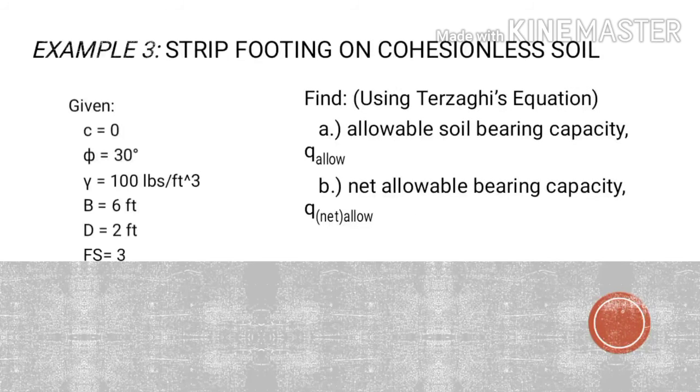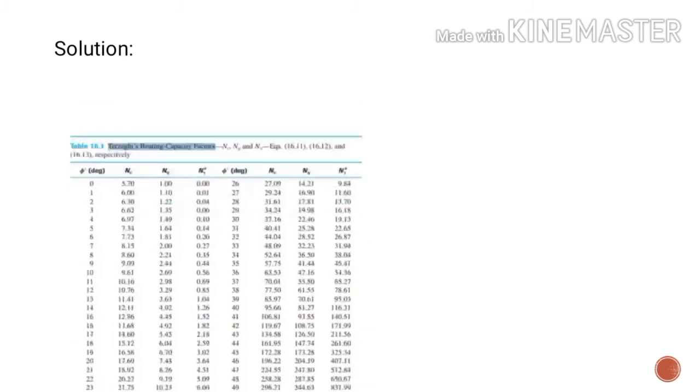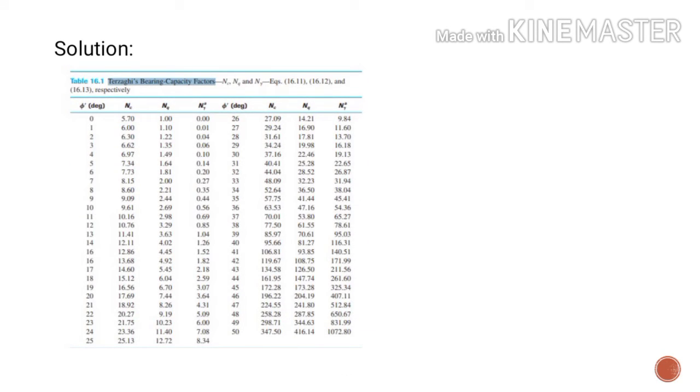Find A, the allowable soil bearing capacity, denoted by Q sub allow, and B, the net allowable bearing capacity. Before we start our solution, we need to first identify the values of the capacity factors based on the given angle of internal friction.